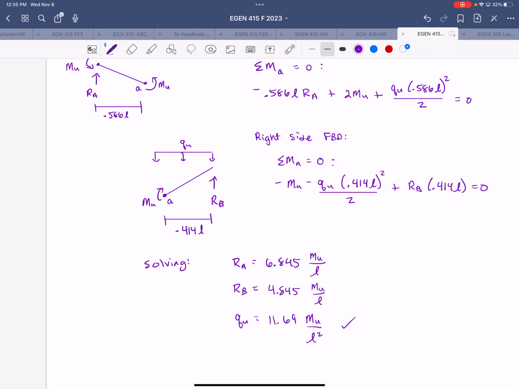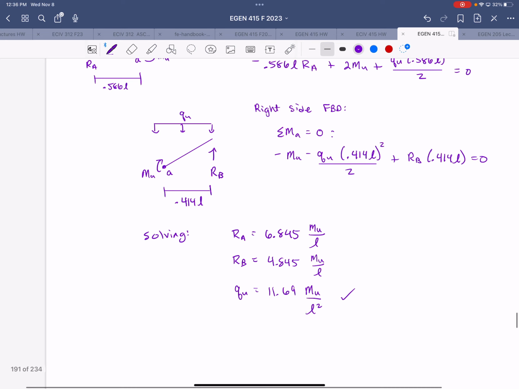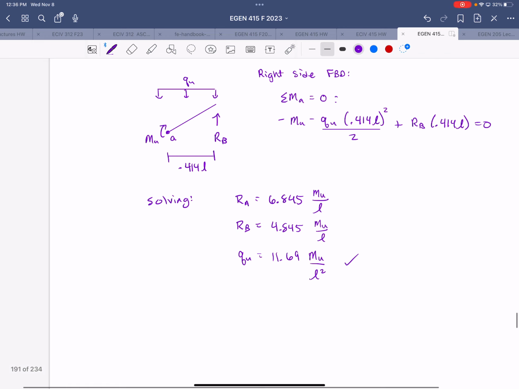Questions? So to get that our a was equal to 2 plus or minus root 2, to then get our a over L, we'd have to take that partial derivative for our Qu that we set up.